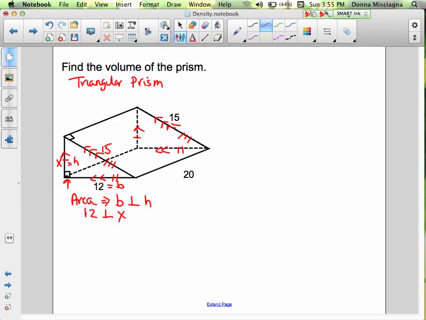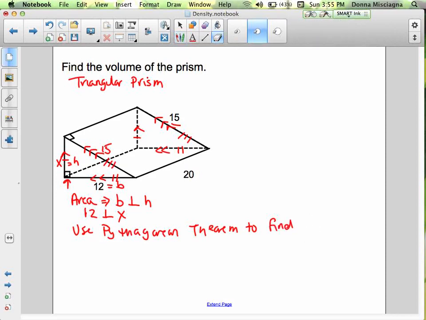And we can use the Pythagorean theorem. So use the Pythagorean theorem to find x, which is the height of the triangle. And that's because this is a right triangle.